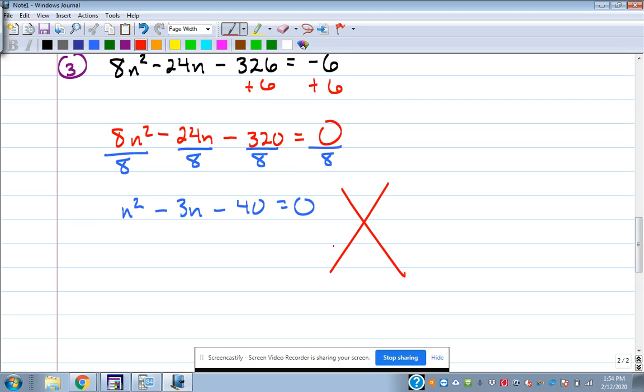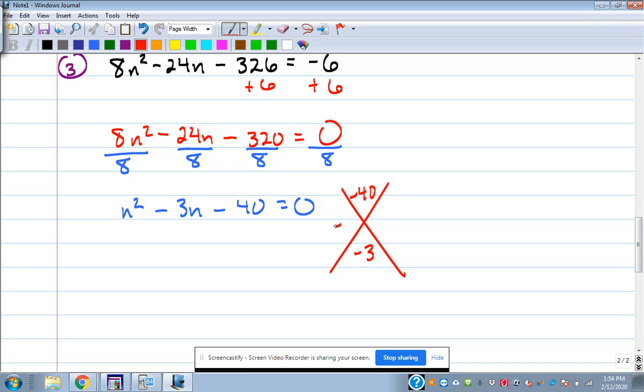I'm going to do the x on that what's left. It'll be negative 40, had to be negative 3. Multiply to be negative 40, had to be negative 3.